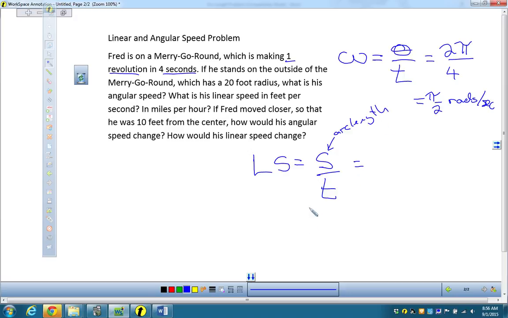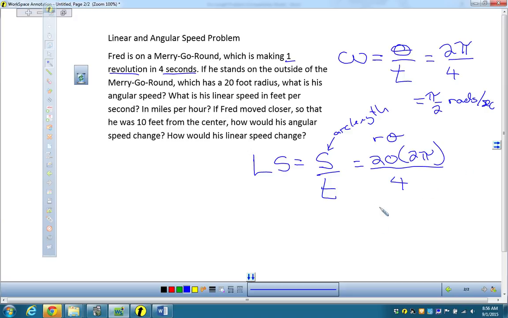How far is he going? Arc length is S equals r theta, so r is 20, theta is 2 pi, and T is 4, and that's in feet.